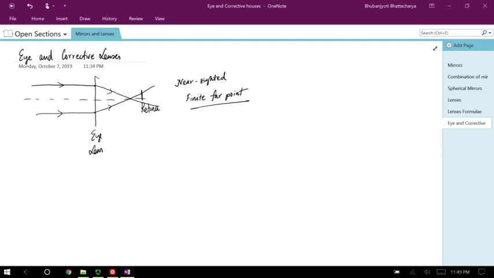So what could we do to combat this? Well, as we said, we could put in a diverging lens. So what would that diverging lens do? This is still my eye lens, and I've put a diverging lens over here so that the parallel rays of light that come in will now diverge a little bit before reaching the eye lens. This is my corrective lens over here.